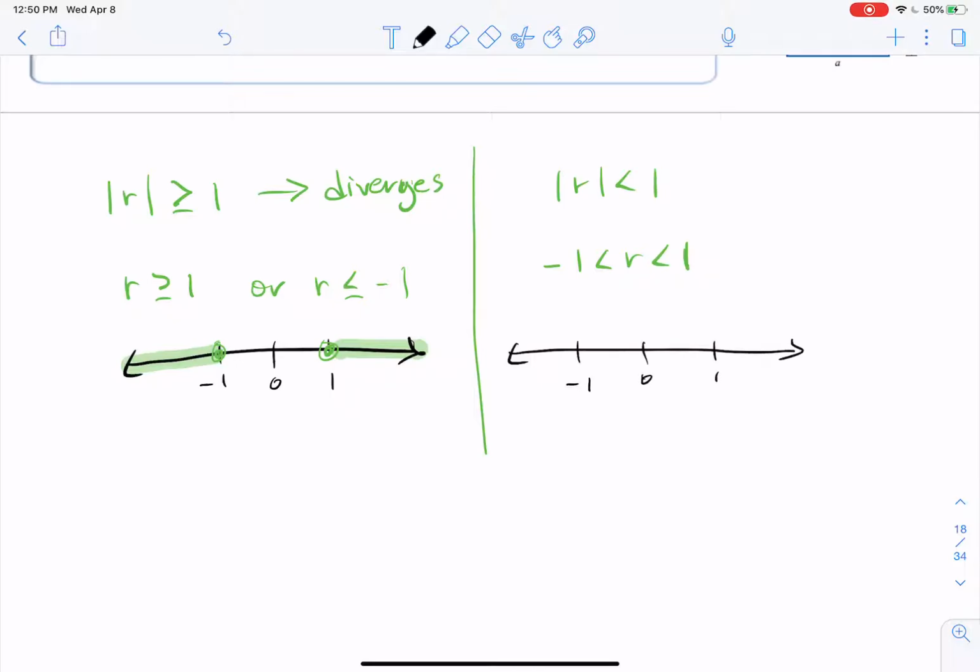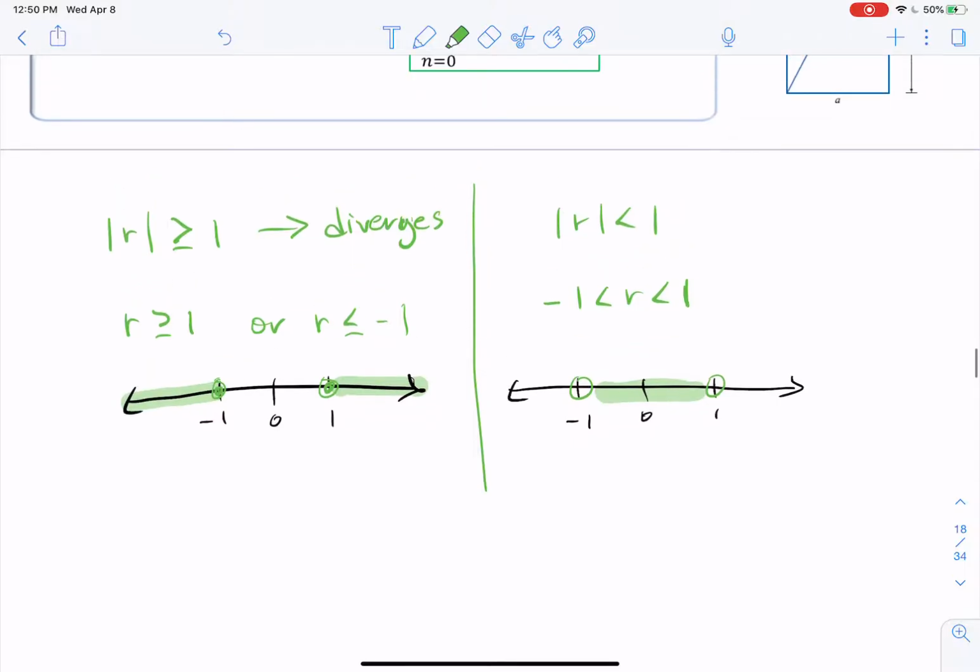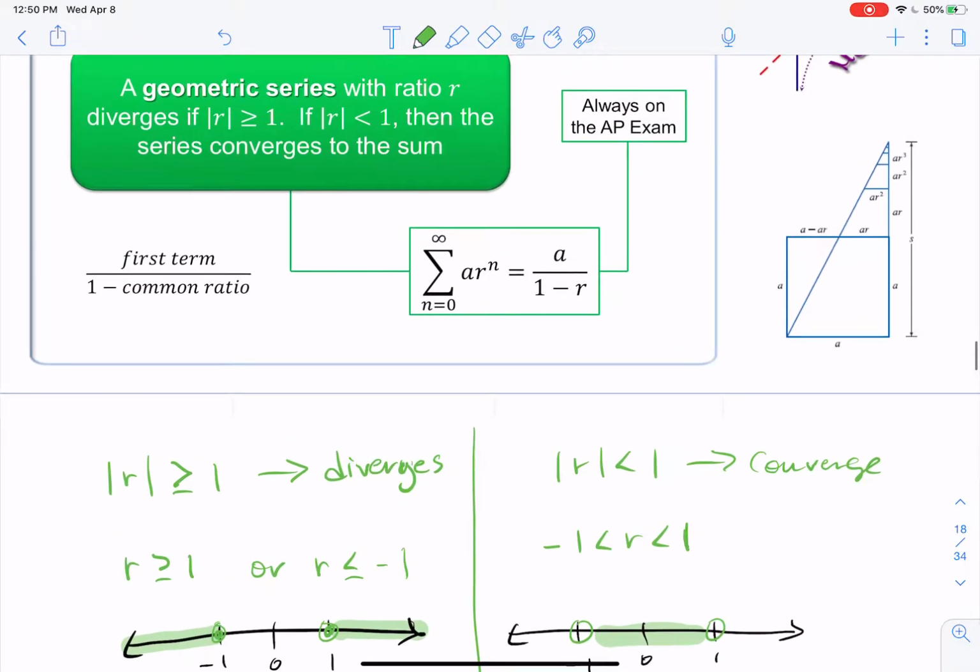Now this one will get open circles around the negative 1 and the positive 1, and that's the stuff in between there. Even the negative ones, all of that stuff is going to converge for geometric series. And specifically it converges to this little simple formula, first term over 1 minus r.